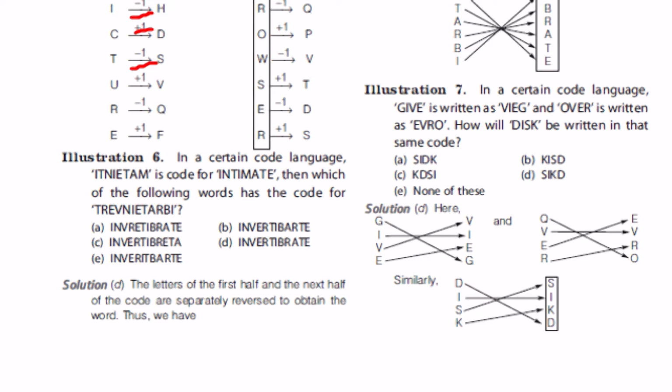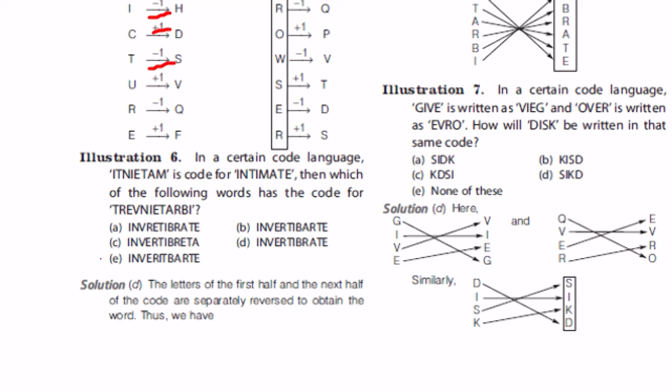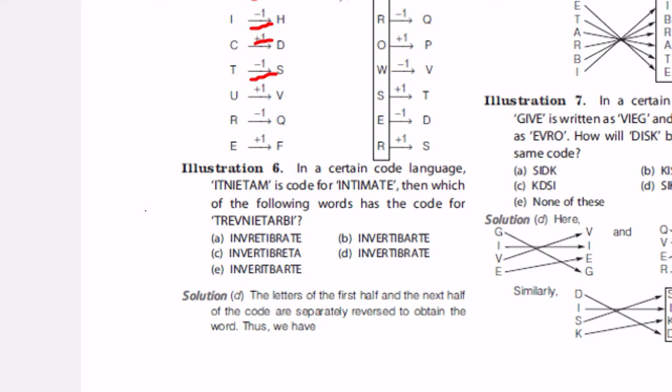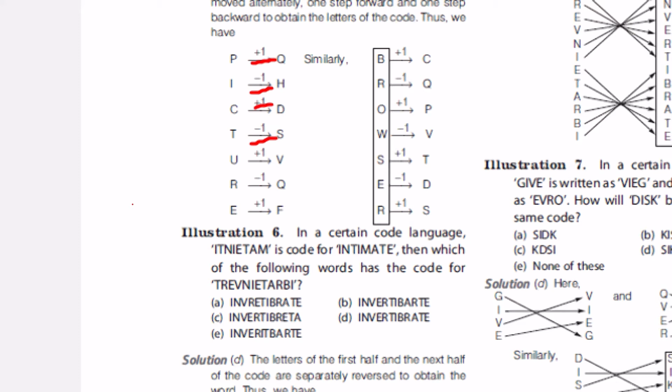And then the next one: in a certain code language, item is the code for intimate. Which of the following words has the code for that random one? If you also try to do it in this manner, it won't work, guys, because it has a different illustration.